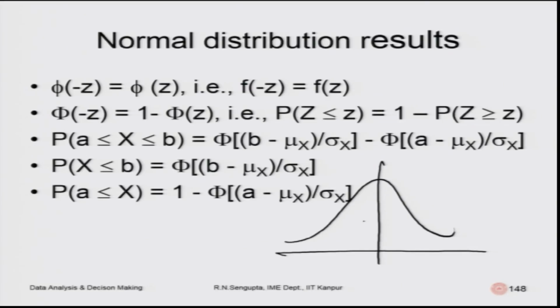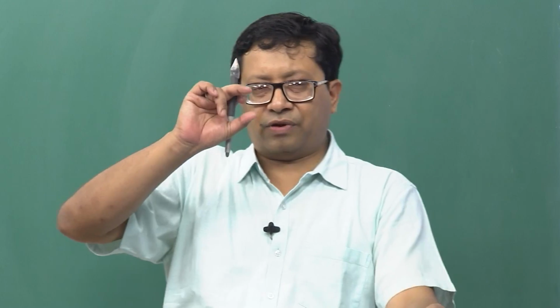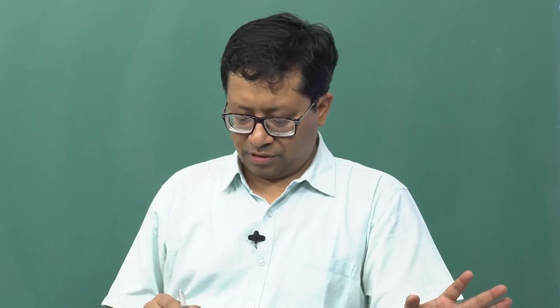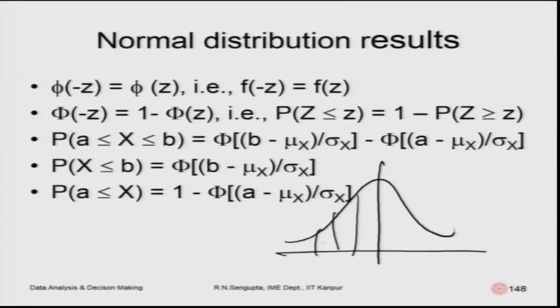If I go minus 2 or minus 3 onto the left, and plus 2, plus 3 to the right, the values of the height, because small phi corresponds to the probabilities, would be the same. So, this value is equal to this value is equal to this value, and so on and so forth.